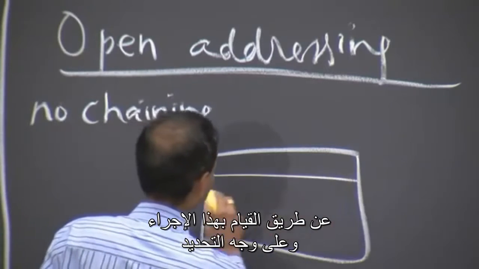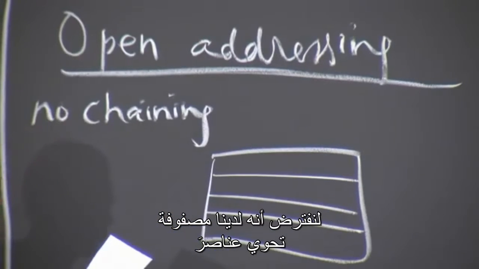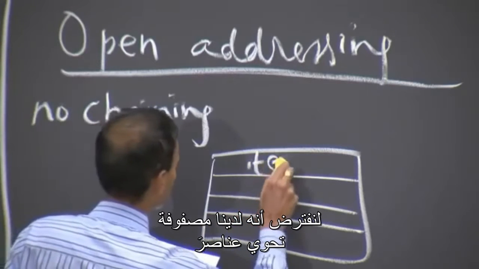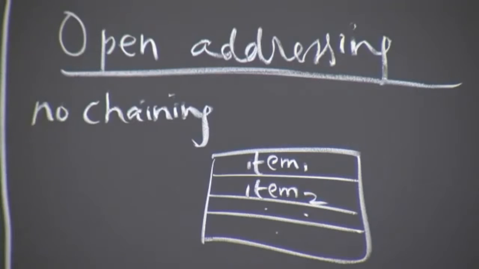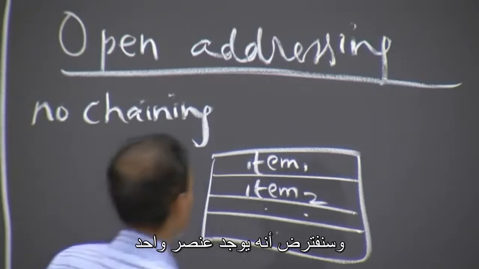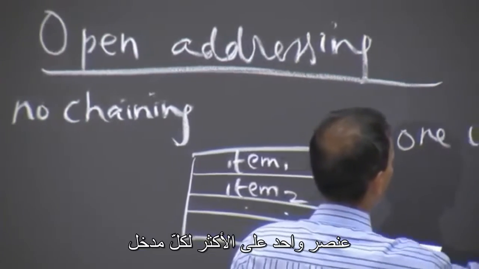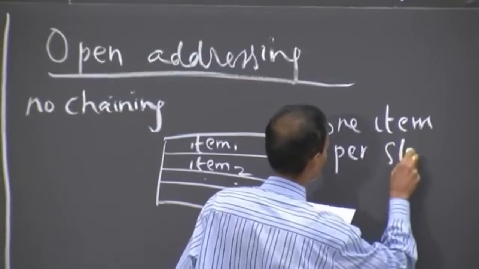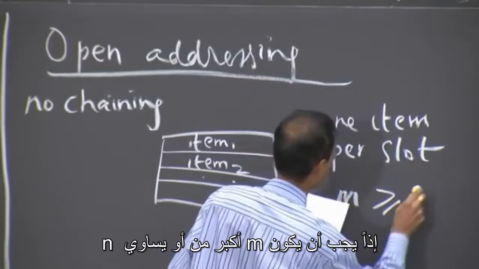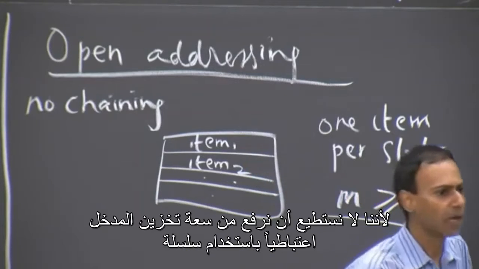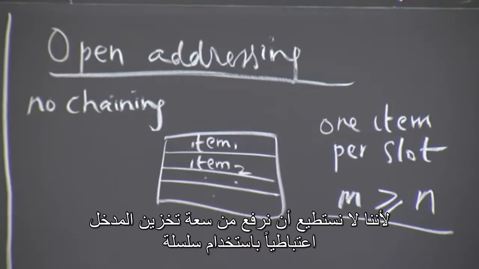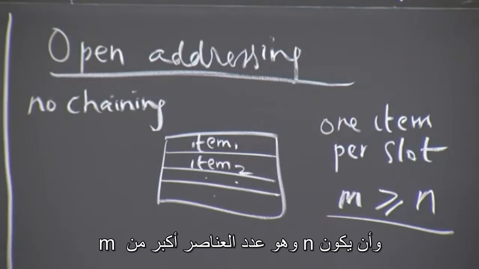And in particular, what we're going to do is assume an array structure with items. And we're going to assume that there's at most one item per slot. So m has to be greater than or equal to n. All right, so this is important because we don't have linked lists. We can't arbitrarily increase the storage of a slot using a chain and have n, which is the number of elements, be greater than m, right?